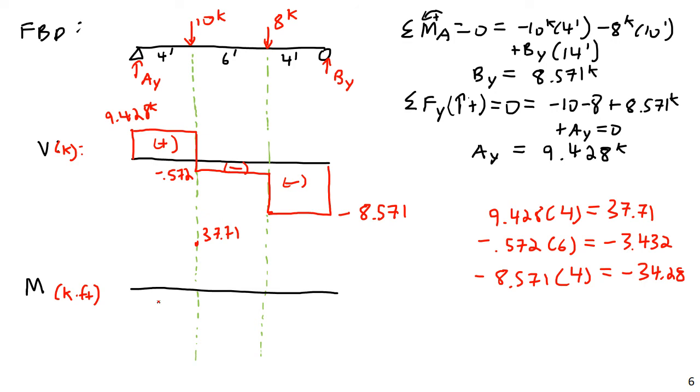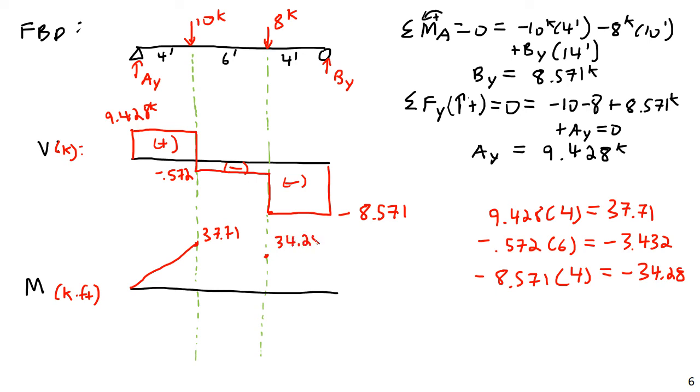Now the question becomes, what kind of curve do I connect these two points with? This is going to be a linear function because we know there is an integral relationship between these things, and the integral of a constant value function is a linear function. So very good, yes. From here to here, it's just going to be a straight line. Then from here to here, it's going to drop by negative 3.432. If you subtract those two, you will get approximately 34.28.